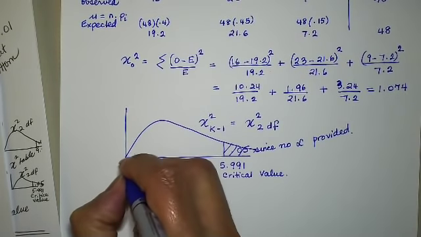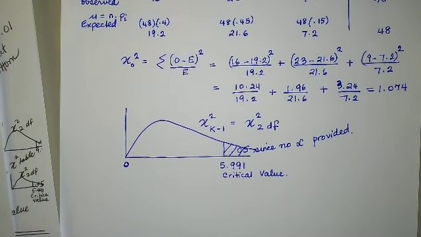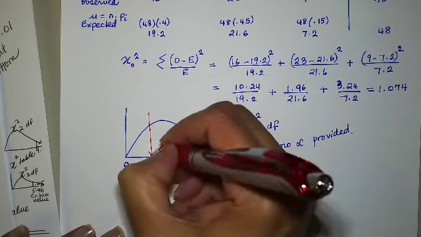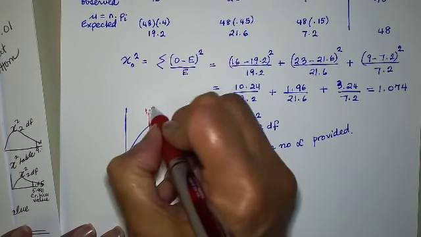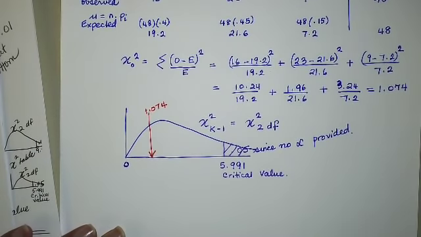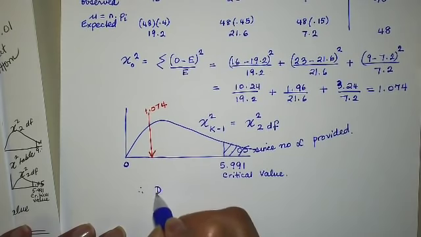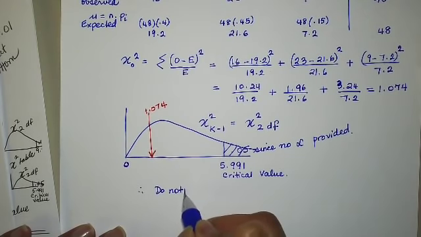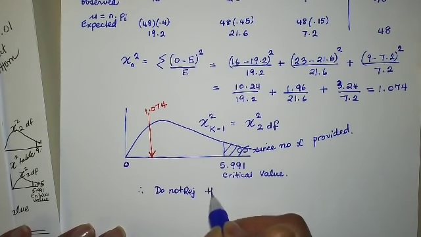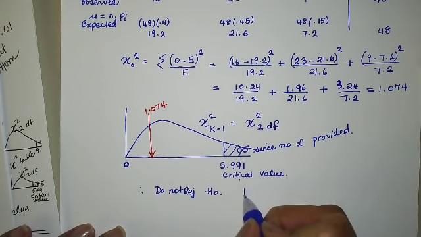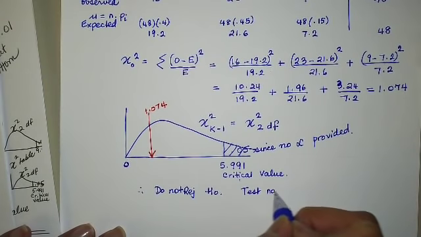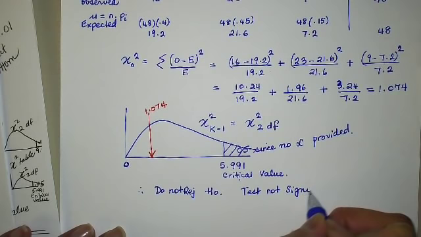And I go and I drop my 1.074 into this picture. This is 0 for chi-square. Go and drop this number and this is what I get. 1.074 does not fall in the critical region. Therefore, do not reject H0. The test is not significant.